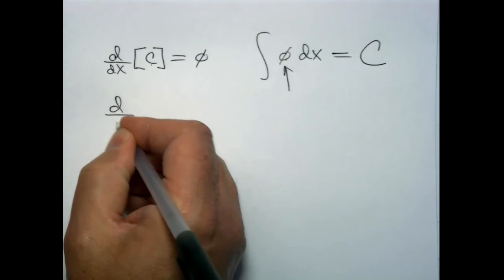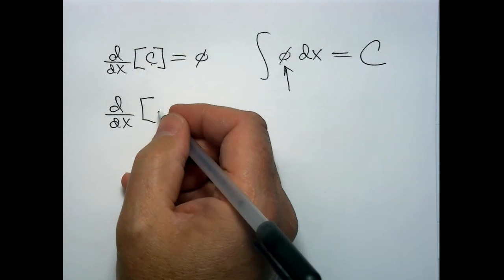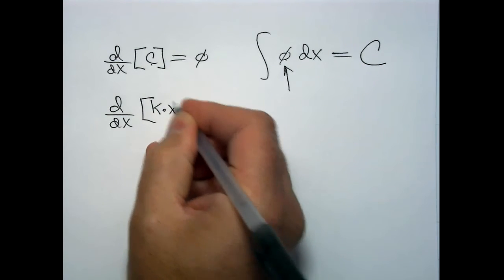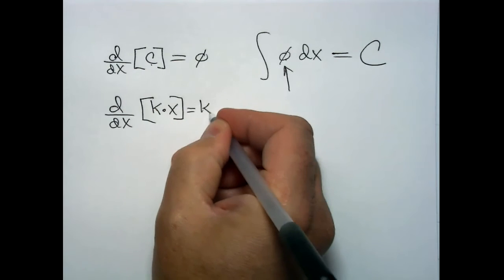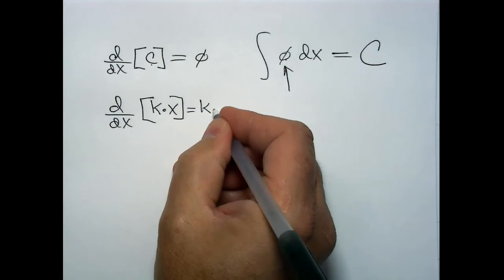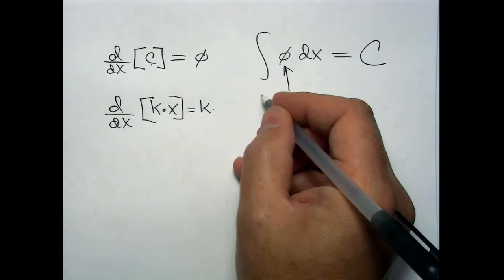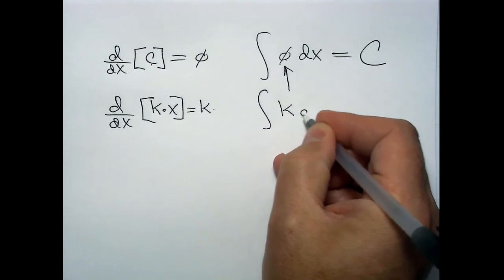This is pretty much the answer key for what I'll be putting over here. If I take the derivative of, let's say, a constant times an x, you know that the constant k is along for the ride, and the derivative of x is 1, so the derivative of 7x is just 7. Then, what's the antiderivative of a nice clean constant?